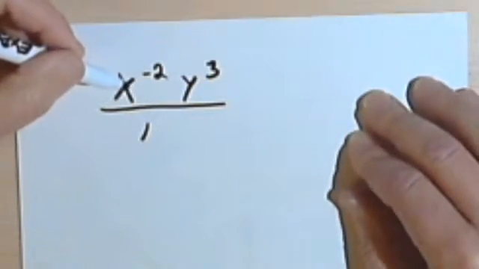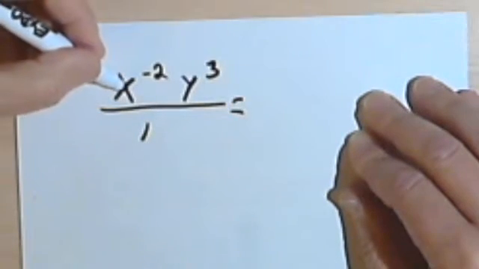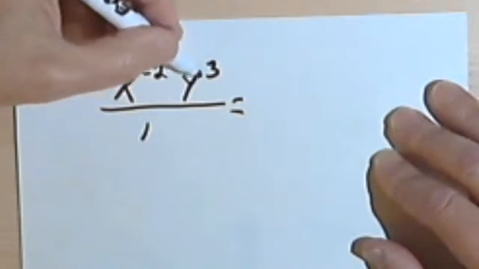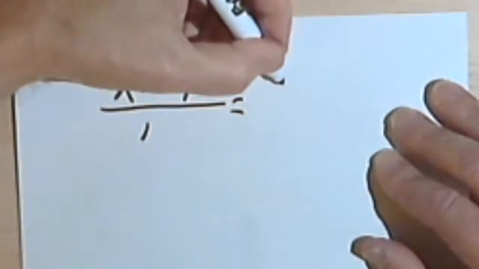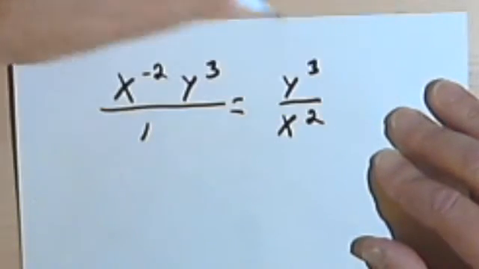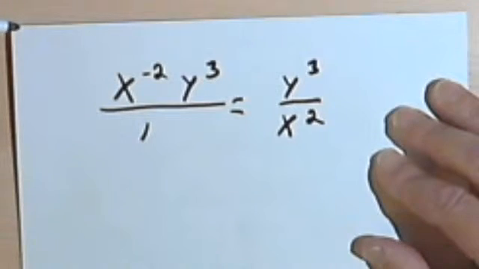But the only part that has a negative exponent is the x, so the only part we're going to move is the x and its exponent. In other words, this y to the 3rd stays right where it is. Y to the 3rd over x squared.